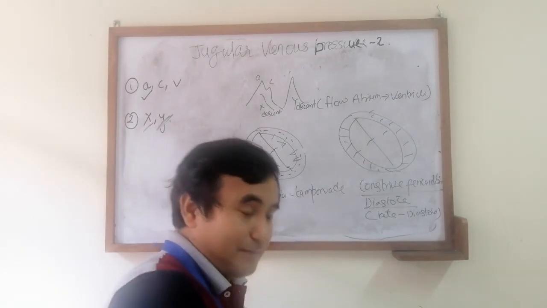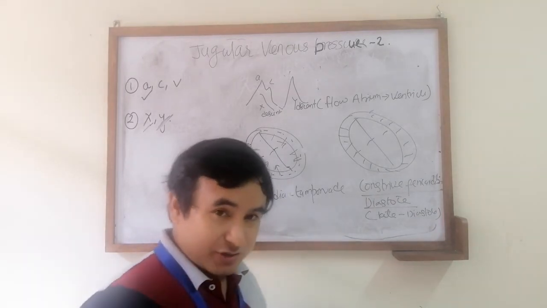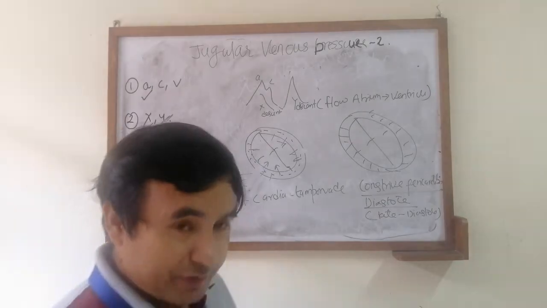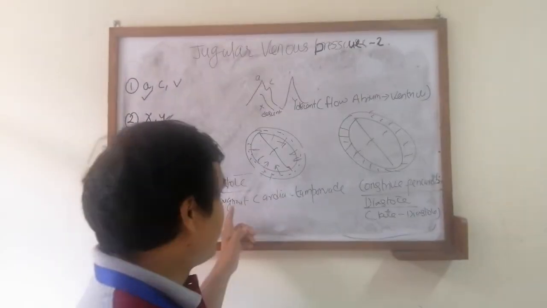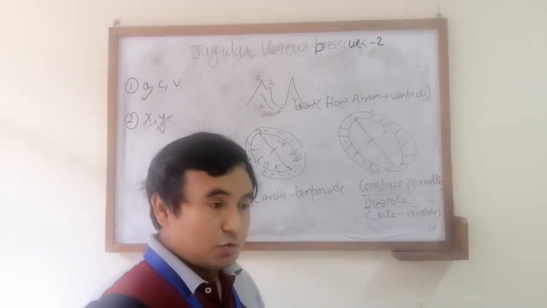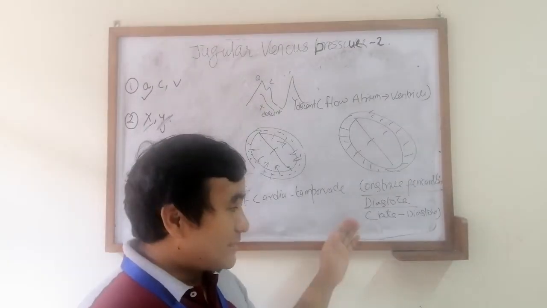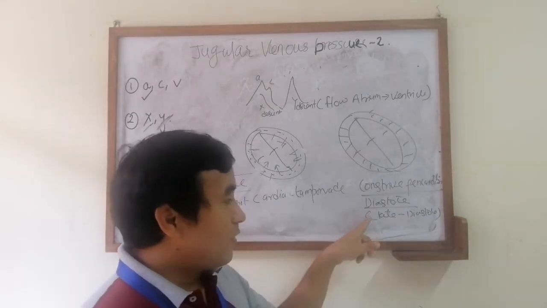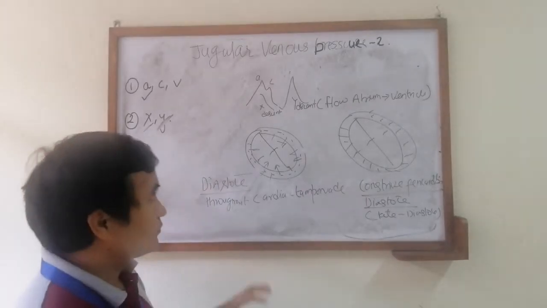It will exert the pressure only in the last part of the ventricular relaxation. That is what you need to remember. So again, in case of cardiac tamponade, it will exert the pressure throughout the diastole, whereas in case of constrictive pericarditis, it will exert the positive pressure only in late diastolic phase.